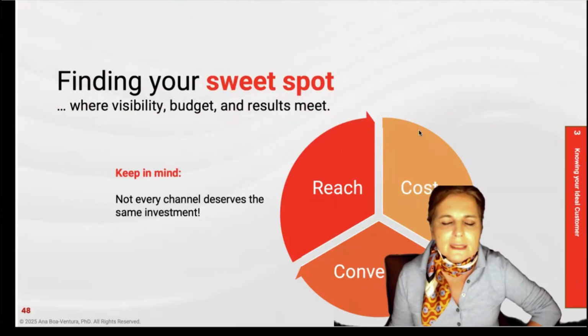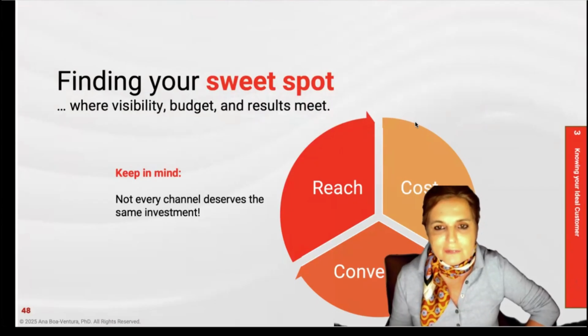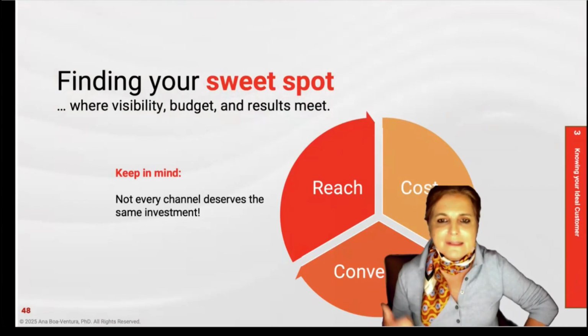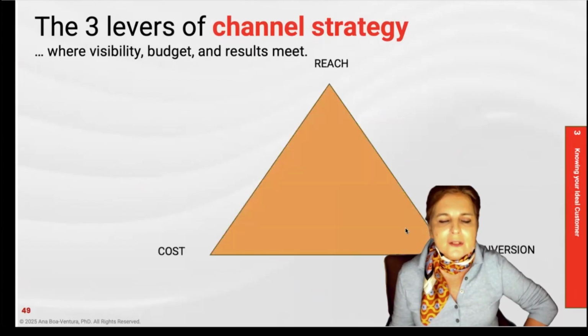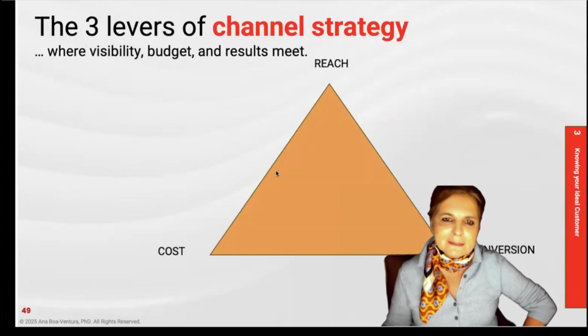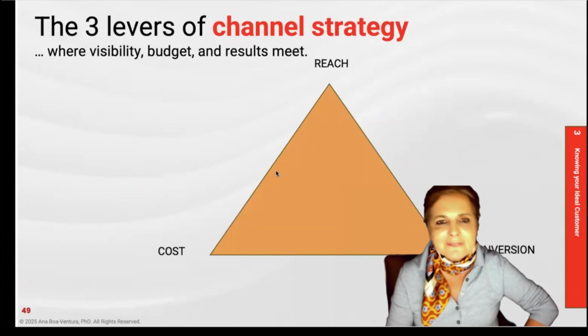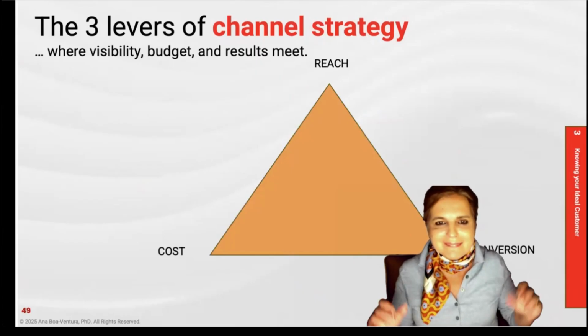And when I talk about investment, it can be staff, if you have staff in your company, your time, your energy, and your money, right? So the three levels of channel strategy where visibility, budget, and results meet can be represented by a triangle that, as opposed to the marketing funnel, points upwards.